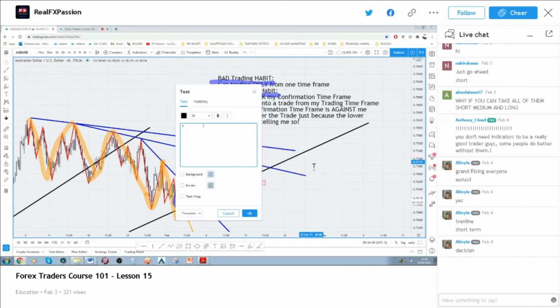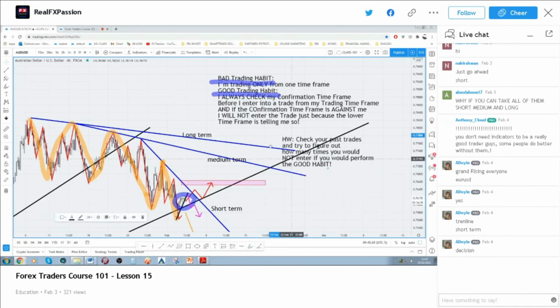If you're a beginner trader and you want to improve your trading, check your past trades and try to figure out how many times you would not enter if you would perform the good habit. Okay, this is the homework.